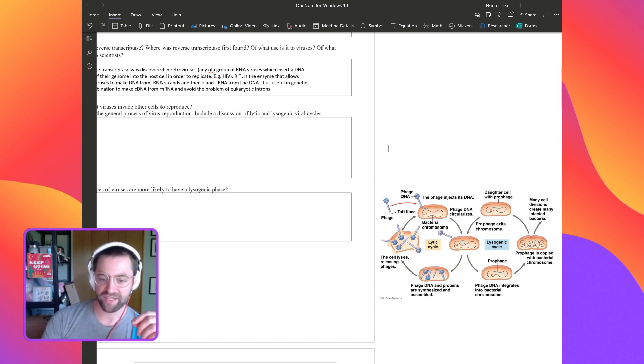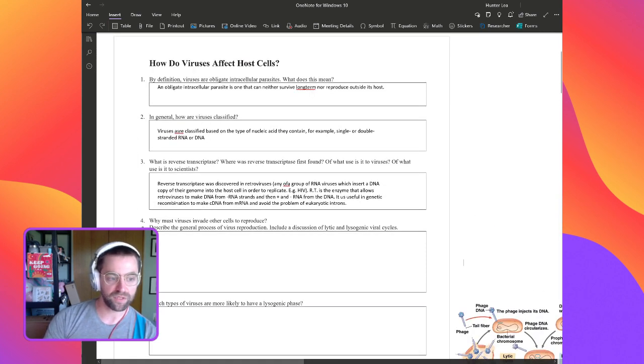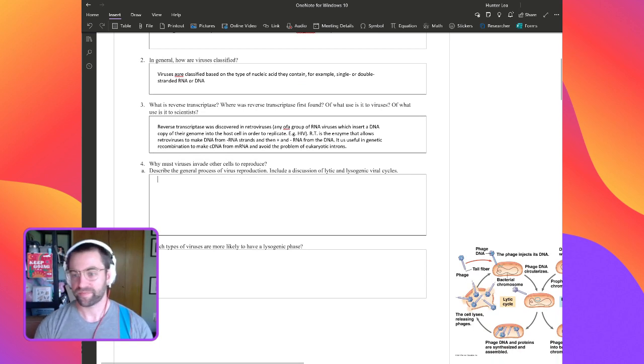And then we have the lysogenic cycle, which is the recycling of the prophage, the viral DNA, into and out of the host cell's chromosomes. So grab a screenshot of that if you want, turn it into flashcards, and this will be a helpful reference for us as we're talking about this.